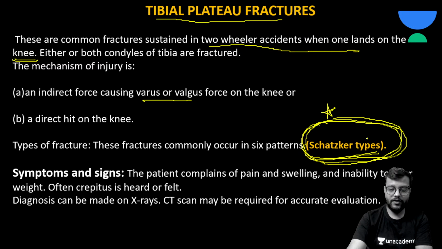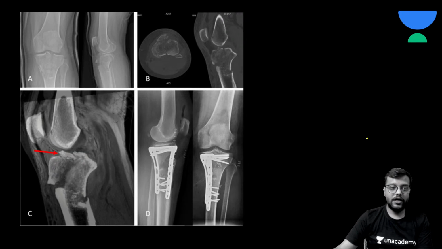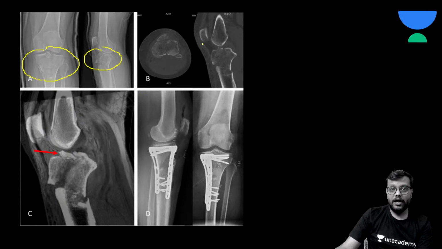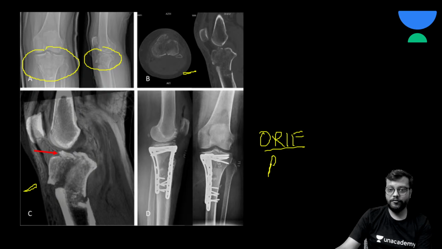So you can see, this is a tibial plateau fracture. In the CT you can see, here also you can see, and it is fixed by ORIF, internal fixation, with the help of plating, as you can see in the diagram.